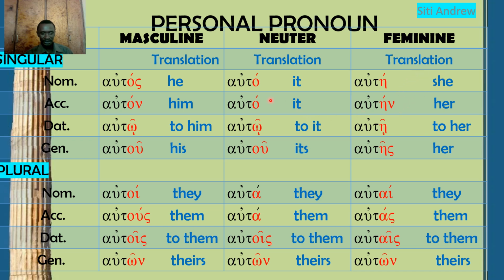So mind the endings: os, o, e, and the feminine follows the normal ending for the feminine, where you have aute, she, auten, her, aute, to her, because it's dative, autes, her, that is genitive, and you have here autai, they, you have autas, them, you have autais, to them, you have auton, theirs. So you notice that this is how you do it.